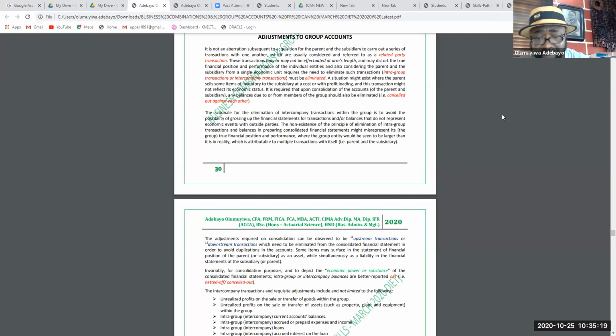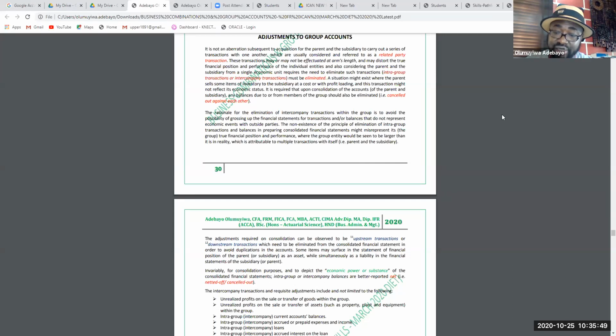For example, you transpose a figure: you want to write 110 and you write 101 in your postings, and therefore it creates an imbalance, or you have a total omission of something. But if it's an error, in line with your understanding of correction of errors, you correct it and move on. But there are two other ones that are the main reasons why such differences exist in practice.